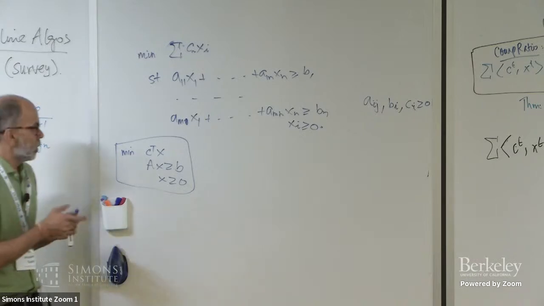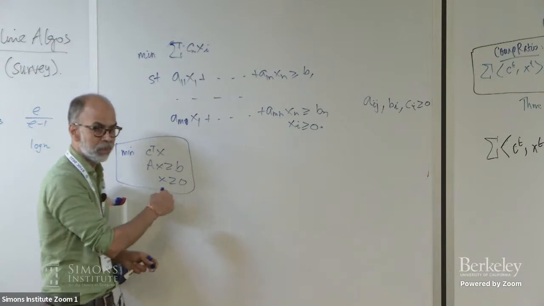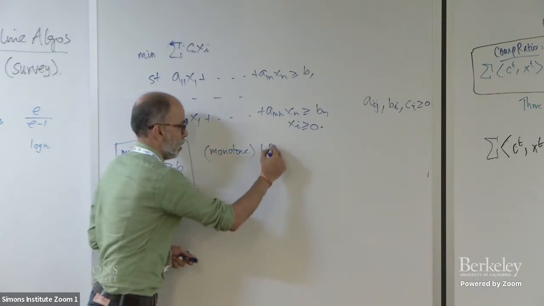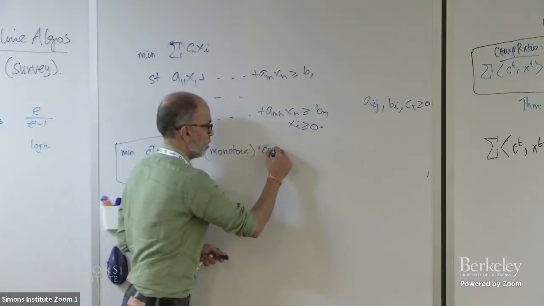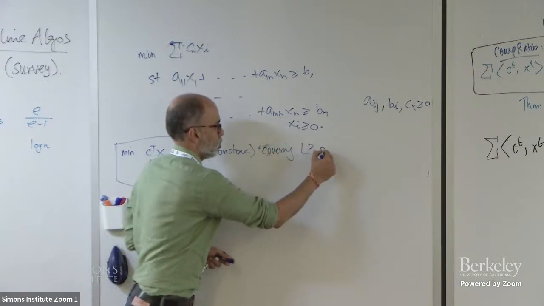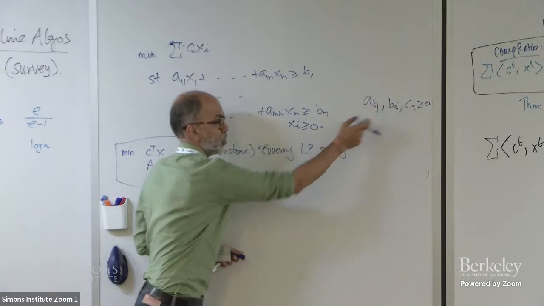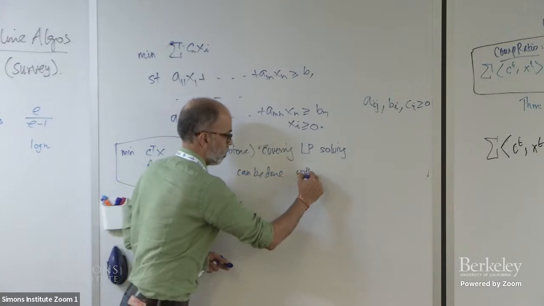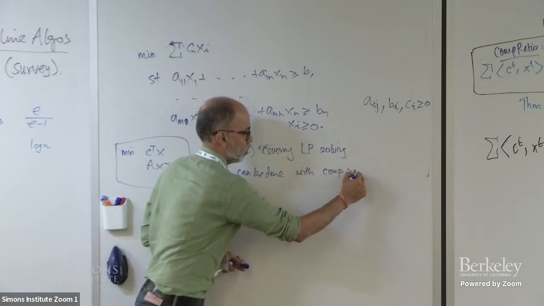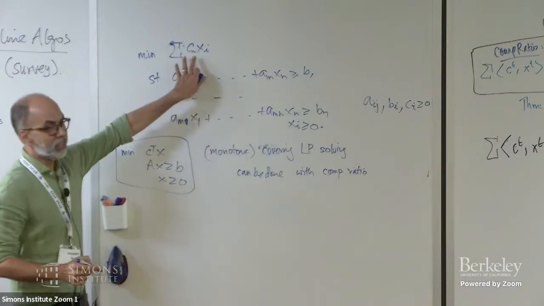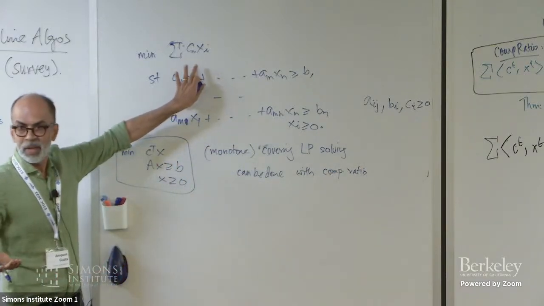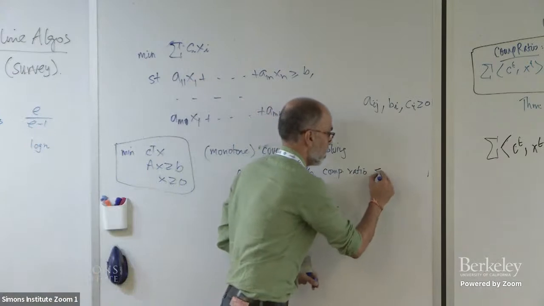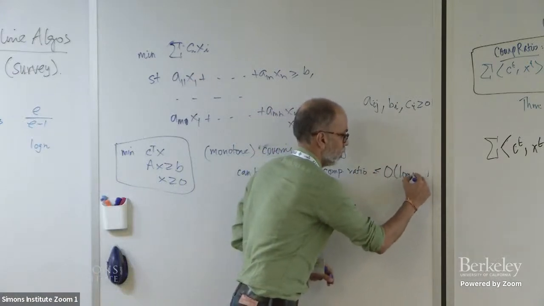The claim is that for all problems of this form, which I'll call monotone, or covering, LP solving, this can be done with a competitive ratio at most order log of the number of constraints, m. Remember, this is my cost, and I want to relate it to the optimal cost.